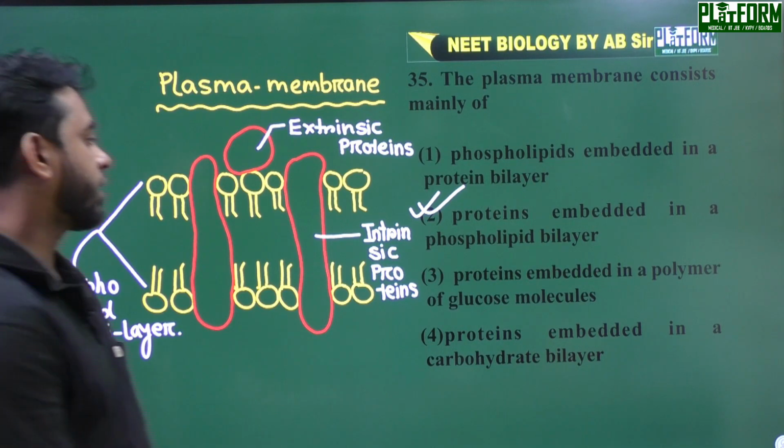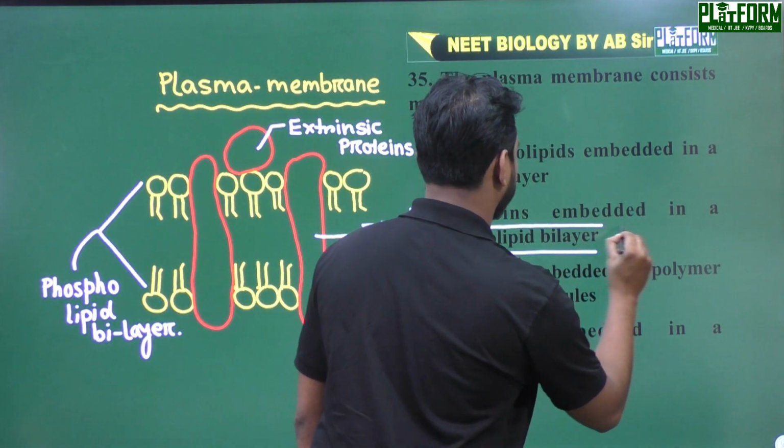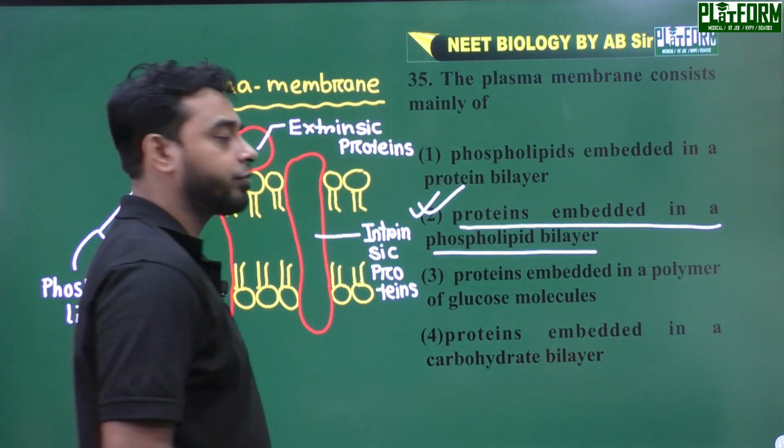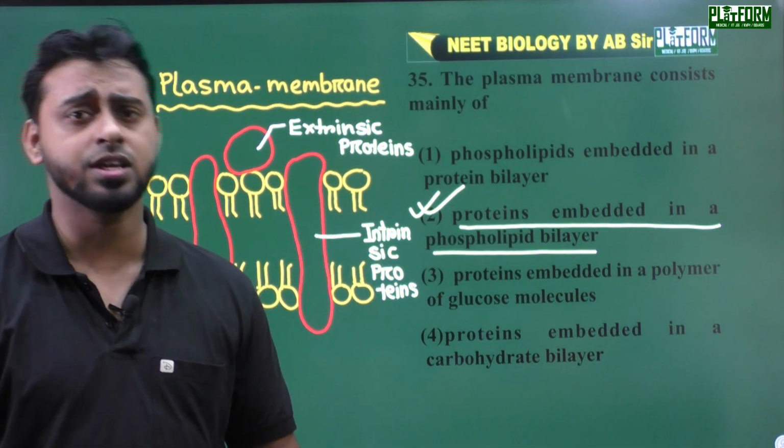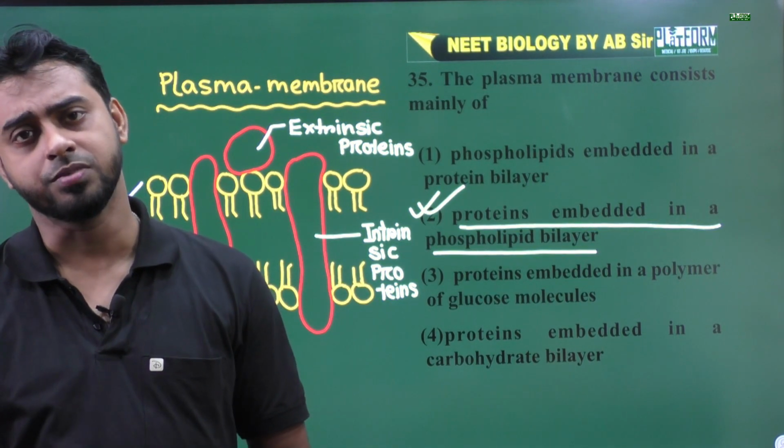Okay, so the correct answer is option 2. So this is the end of the first part, that is section A. Now we will move to the next part, that is section B. Okay.